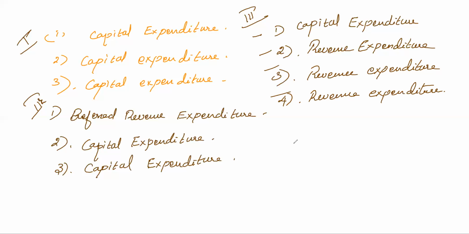Okay, that's all. Then next, fourth sum, rupees 5,000 spent towards additions to building. So we have spent 5,000, additionally spent. So it will be capital expenditure.